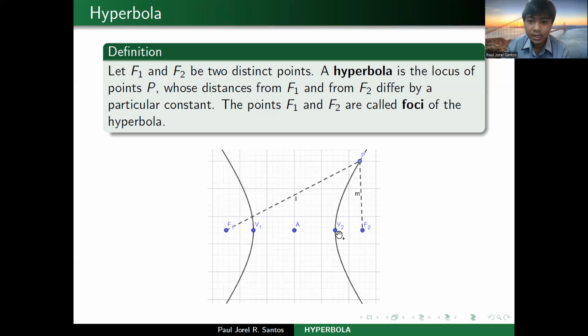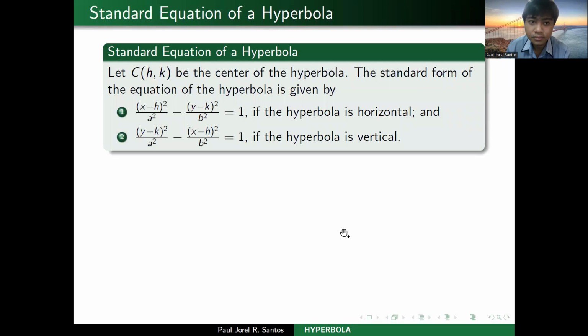Now let us have the standard equation of a hyperbola. Let C be the center of the hyperbola with the coordinates (h, k). The standard form of the equation of the hyperbola is given by the square of x minus h all over a squared minus the square of y minus k all over b squared is equal to 1, if the hyperbola is horizontal.